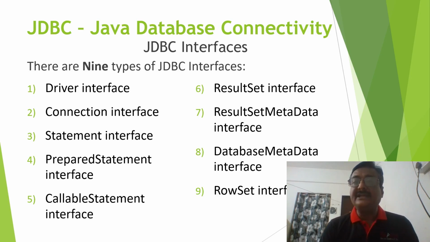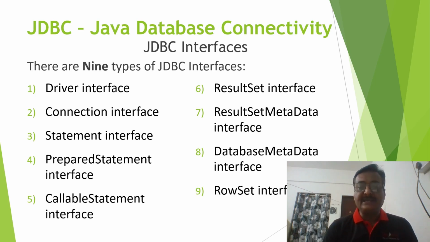What are the different interfaces which we are going to use to connect our database with Java? Driver interface, connection interface, statement interface, prepared statement interface, callable statement interface, result set interface, result set metadata interface, database metadata interface, and row set.